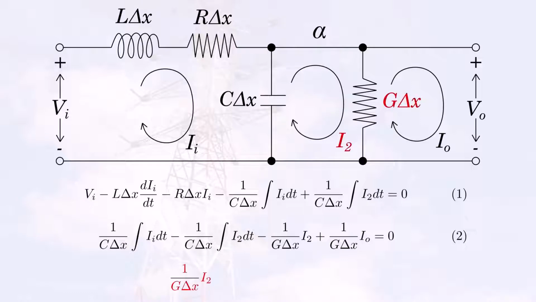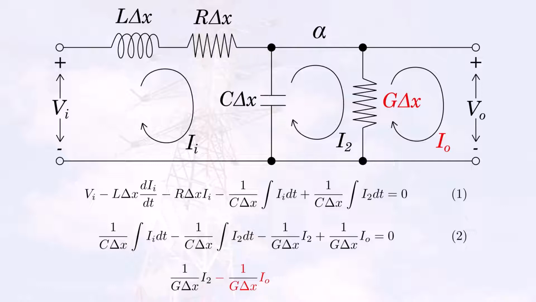And finally, for the third mesh, we have once again this resistive element, or this conductance, if you want to see it that way. First with the influence of the first current Ii and the second current I2, and then with the influence of the output current Io.